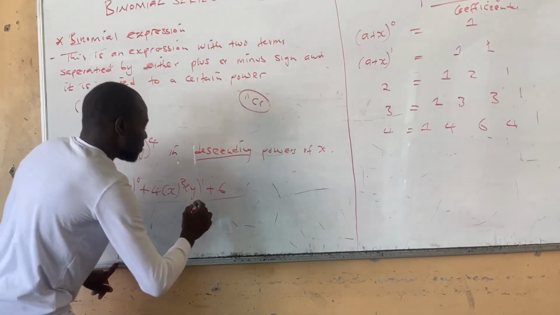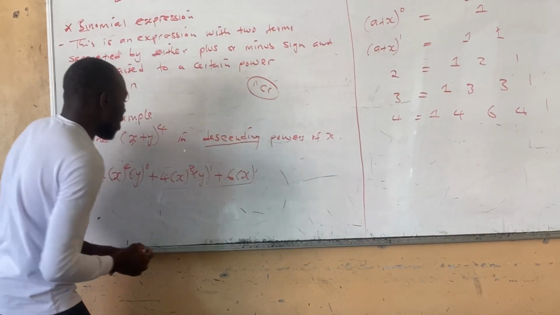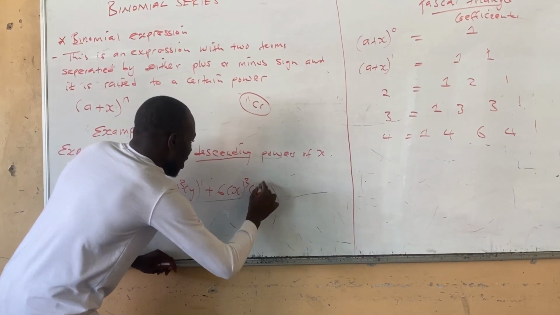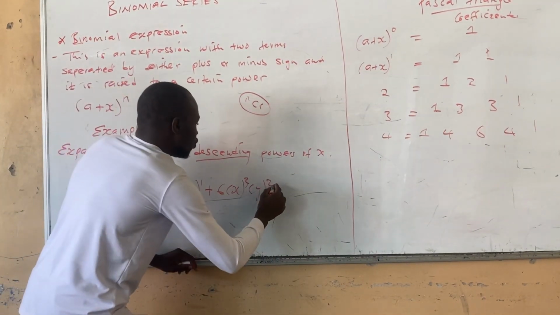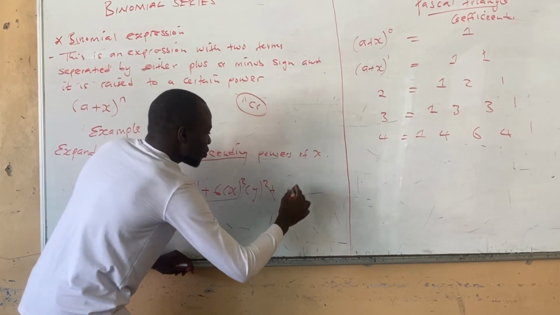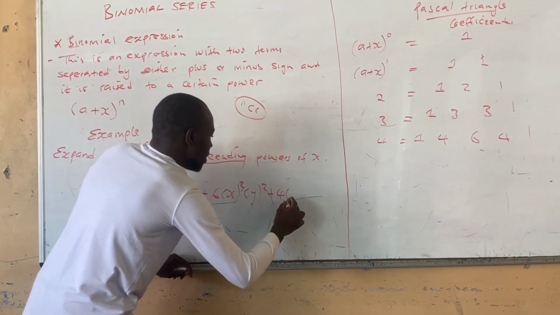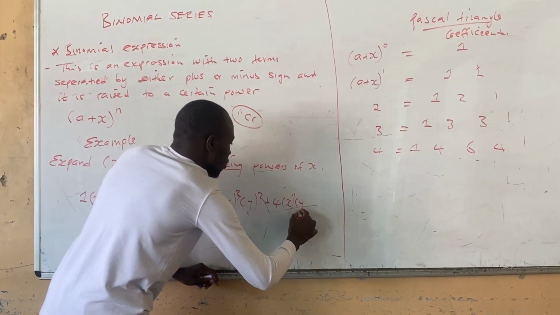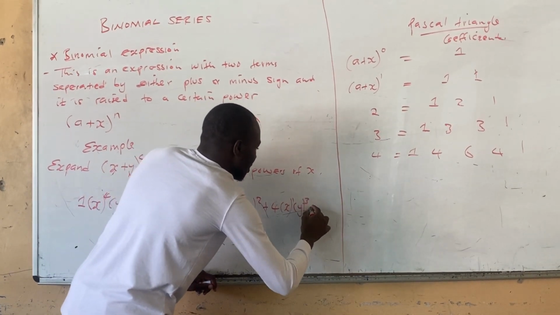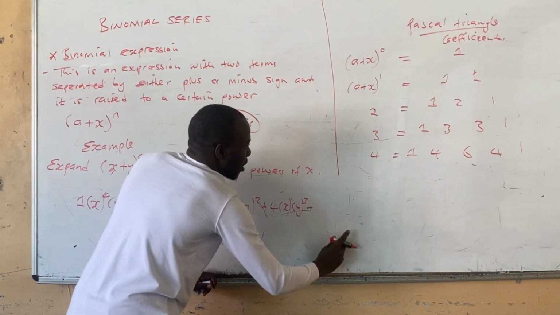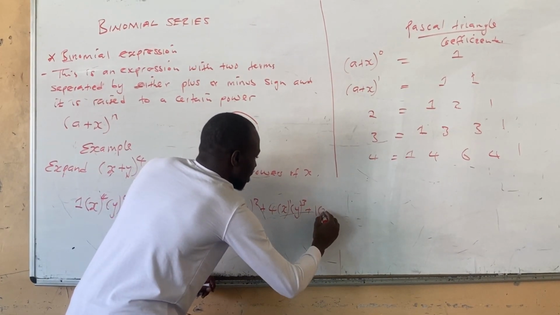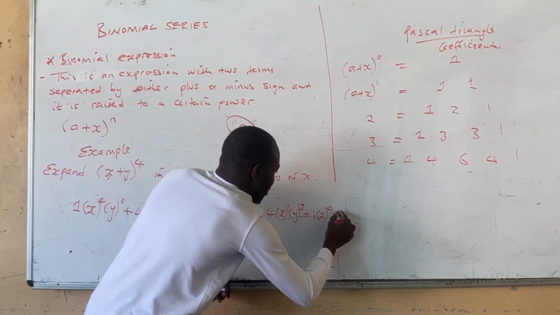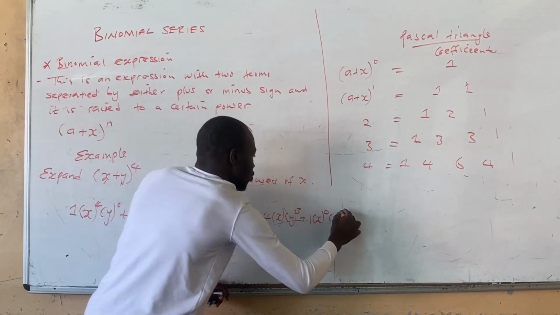So you say 6, x to the power from 3 decreases to 2, then y will increase from 1 to 2. Plus, the next coefficient is 4. So x will decrease from 2 to 1, then y will increase from 2 to 3, plus the last coefficient there is 1. So x from 1 will decrease to 0, then y will increase from 3 to 4.